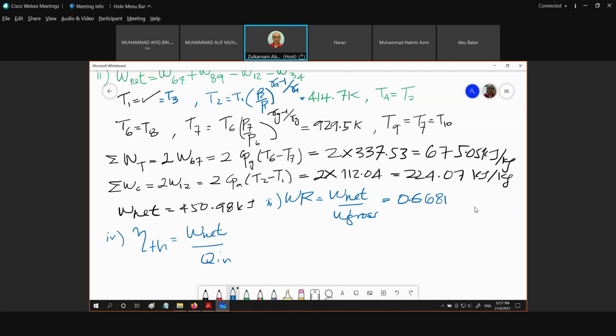And our Q in is equal to the Q in from the first combustion chamber, Q46, plus Q78. This is equal to CP times (T6 minus T4) plus CP times (T8 minus T7).